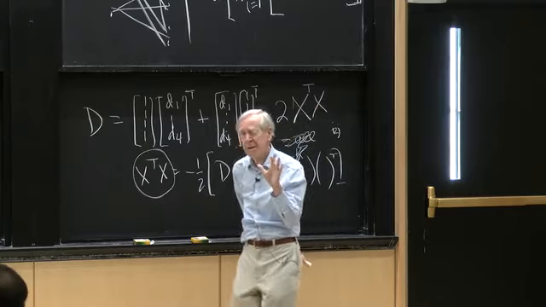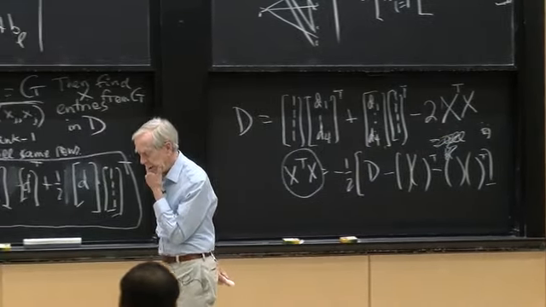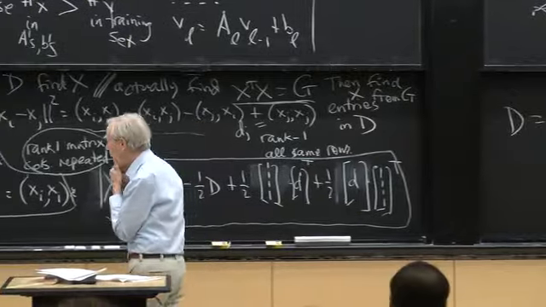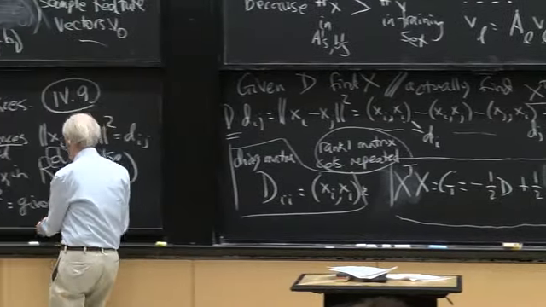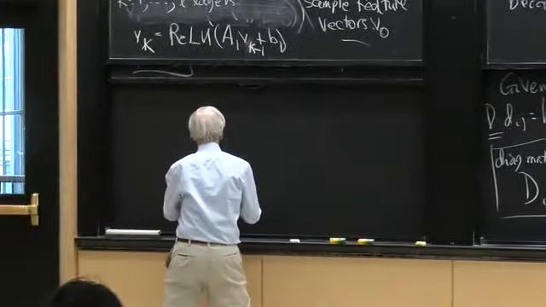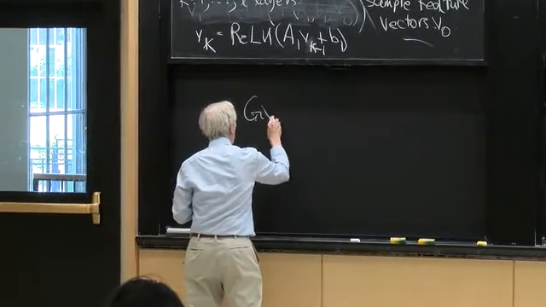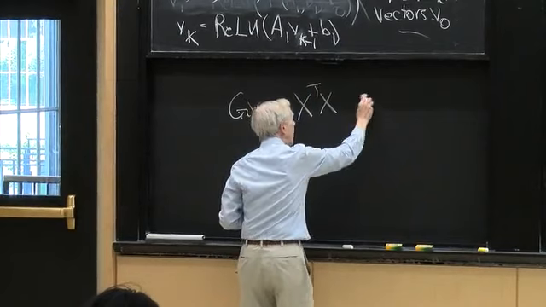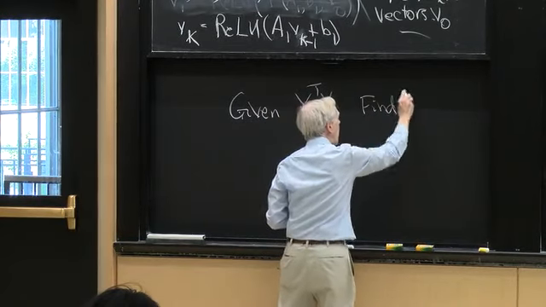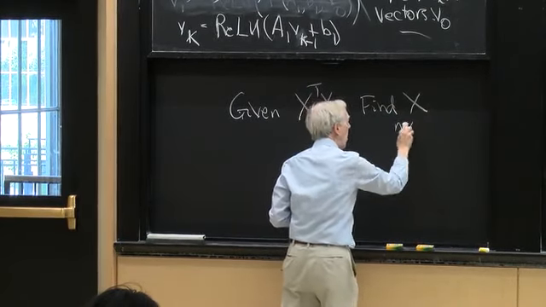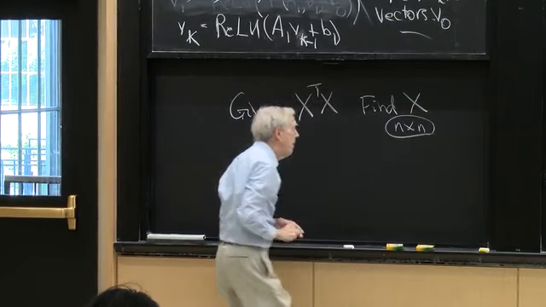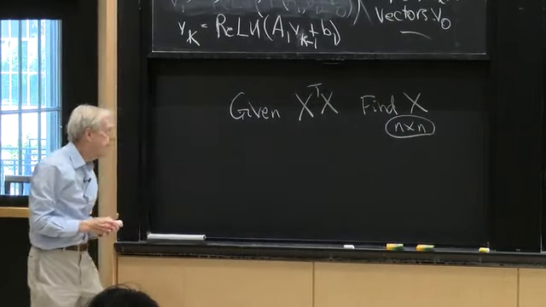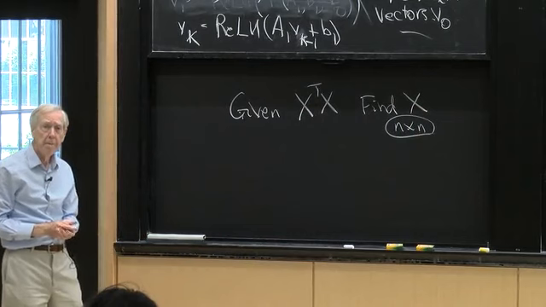Now can we just do 4 minutes of linear algebra at the end today? Given x transpose x, find x. This is n by n. How would you do that?